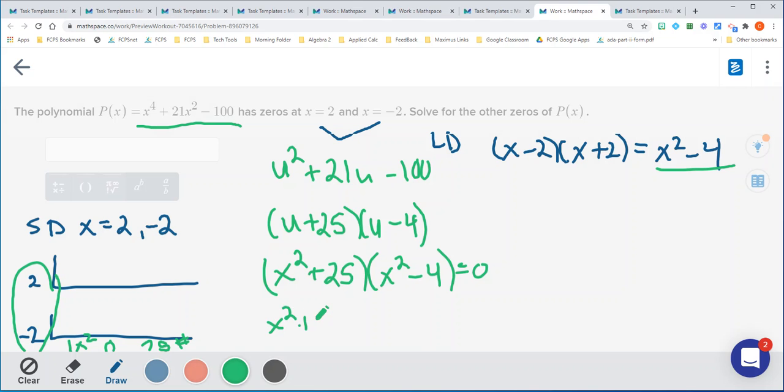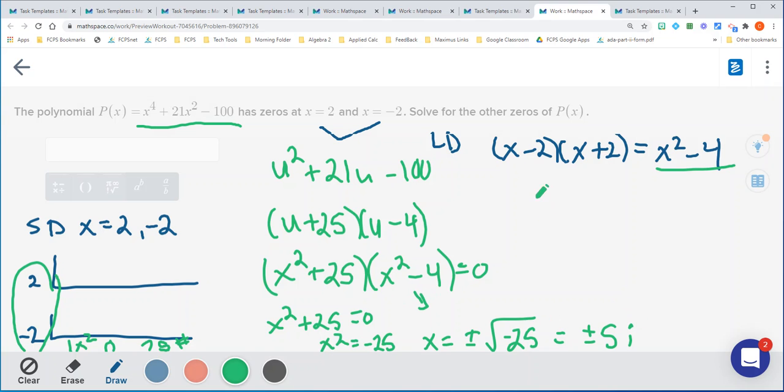Okay, so this is still equal to 0. So let's go ahead and solve. So I'm switching gears, and I'm going to isolate. X equals plus or minus square root negative 25, which is 5i. Now, I actually already have the answers to this piece here. Okay, x equals plus or minus 2.